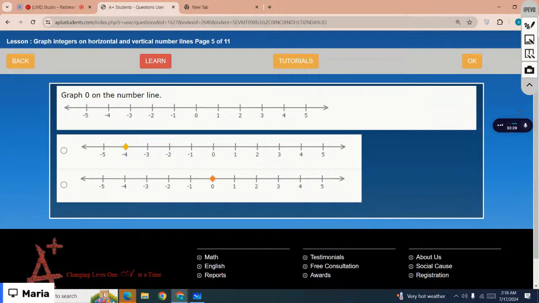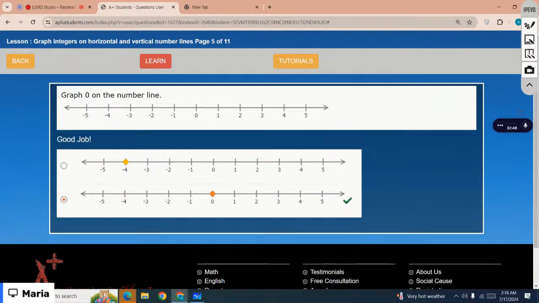Graph 0 on the number line, which is the correct option? Yes, option number 2 is the correct option.